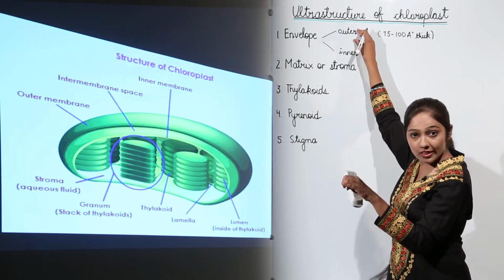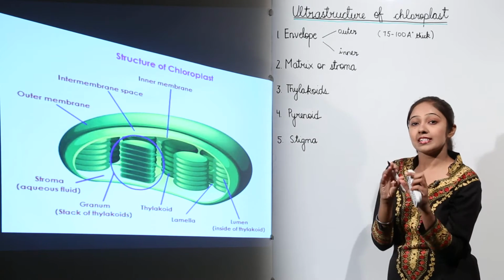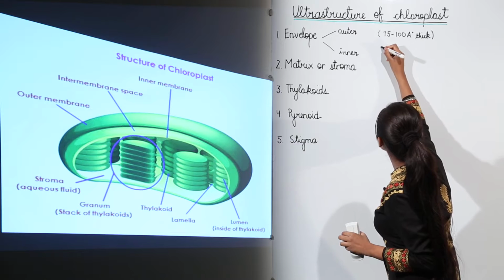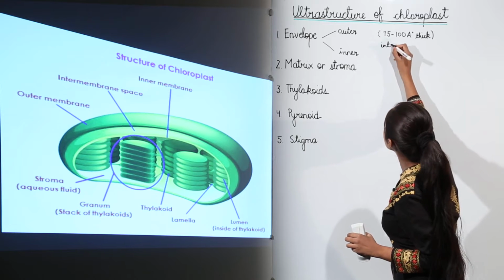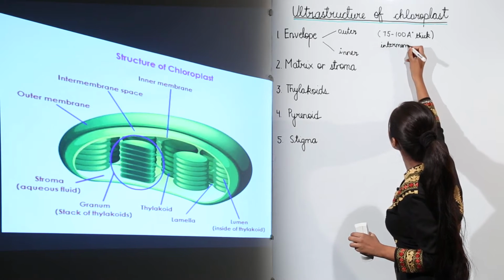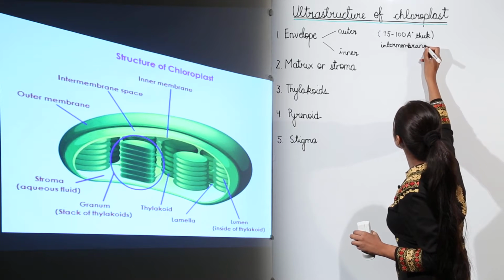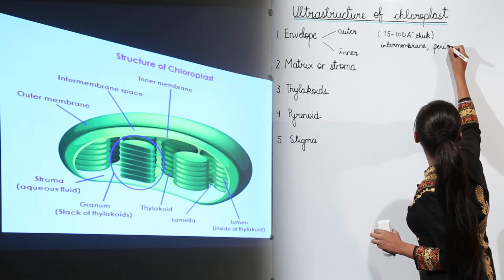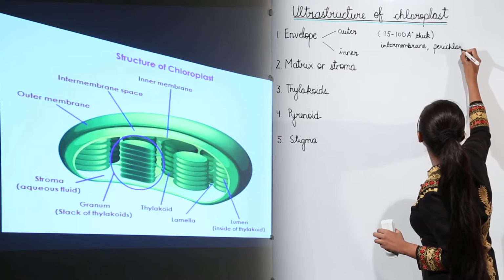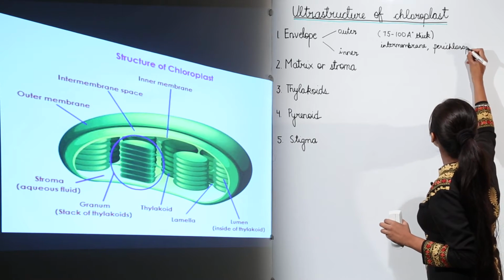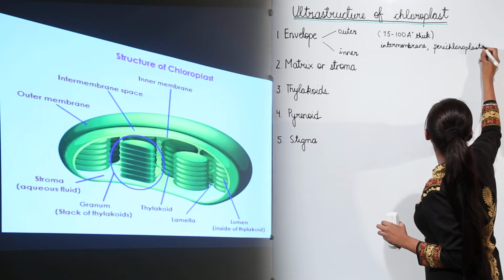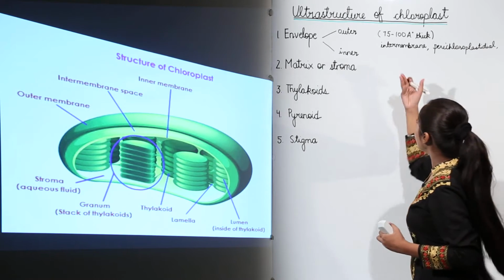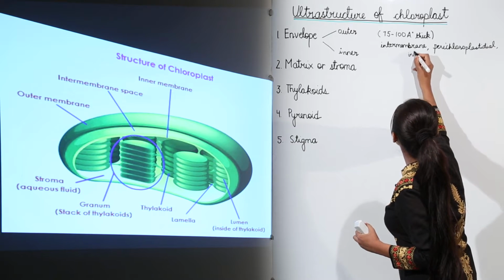Between this outer and inner membrane, there is some space which we call the intermembrane space, or you can call it the perichloroplastidial space, or you can also call it the interplastidial space.